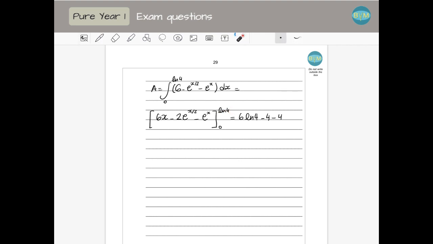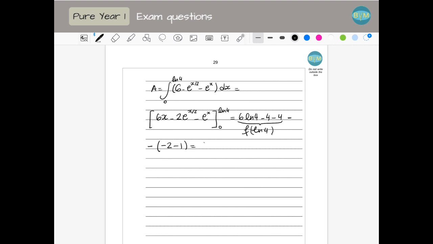And then minus, I substitute the 0. So this bit is 0, but then I have e to the power of 0 is 1 times minus 2. So this is all when I substitute ln 4, or f of ln 4, minus, I substitute the 0, yeah? So when I substitute the 0, I have minus 2 times 1, which is minus 2, and minus 1 times 1 is minus 1, yeah?